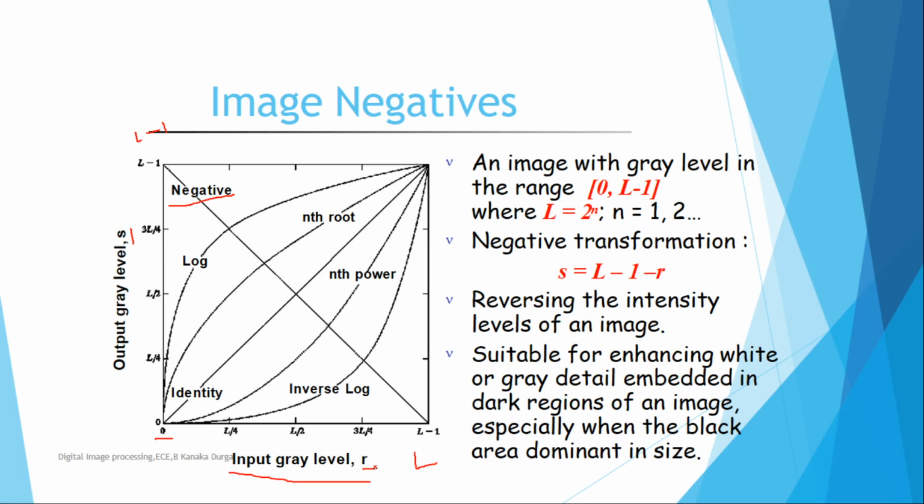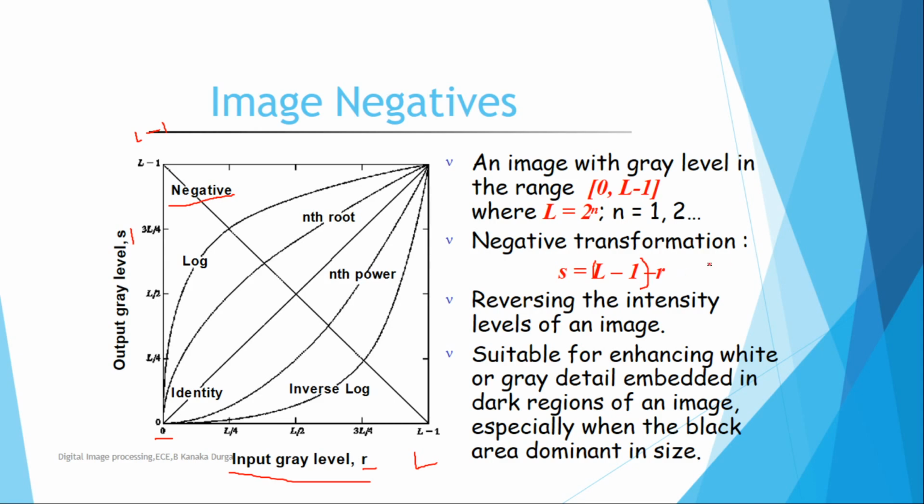So how can we represent the negative of the function? The output is equivalent to L minus 1 minus r. So it produces the negative transformation.